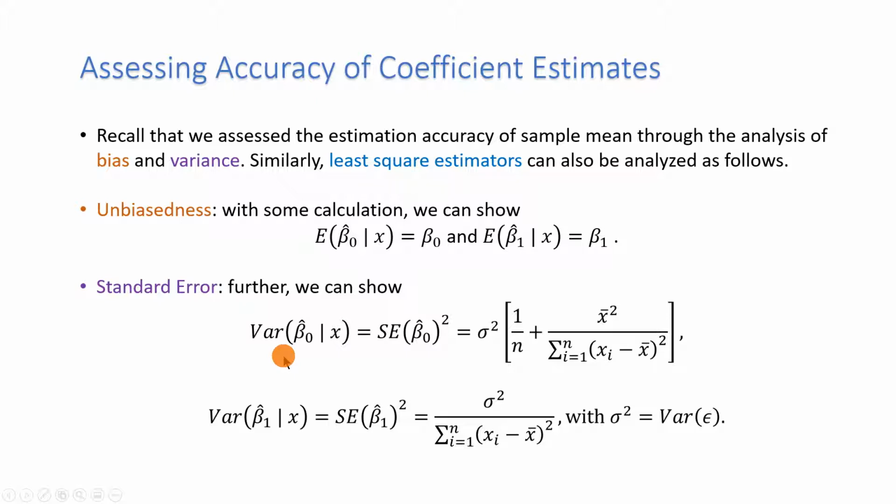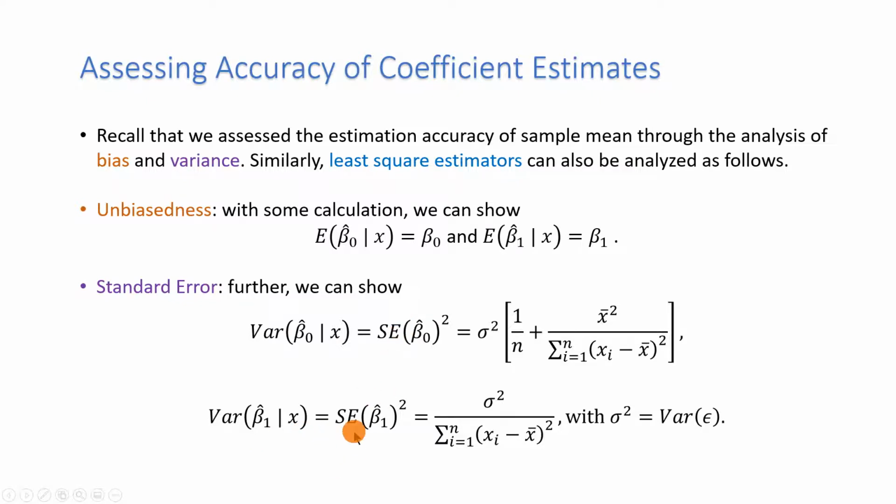For beta 0 hat, we can calculate the conditional variance of beta 0 hat given your random sample x, or write it as the square of the standard error of beta 0 hat, which is defined as the square root of the conditional variance. And likewise, the square of the standard error of beta 1 hat is defined as the conditional variance of beta 1 hat given this random sample x.